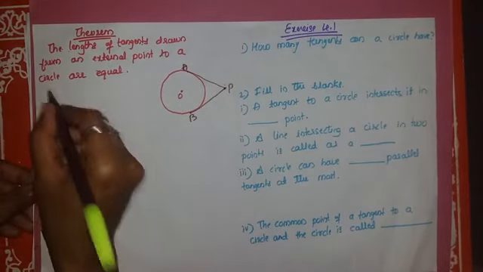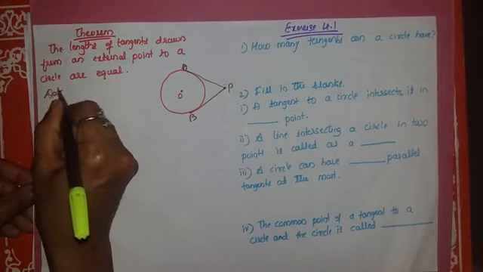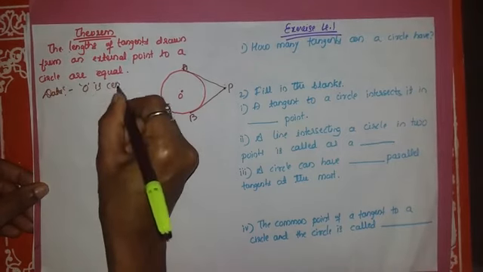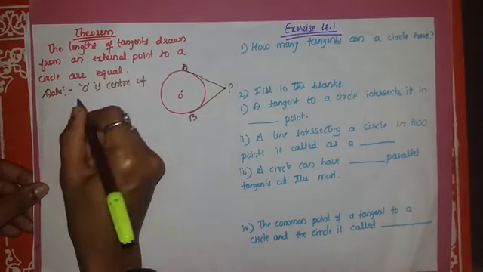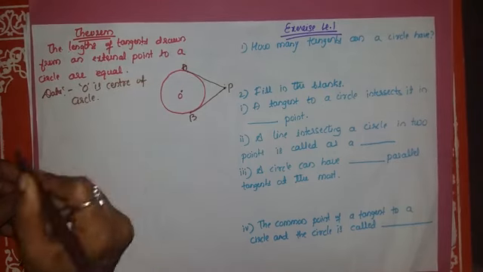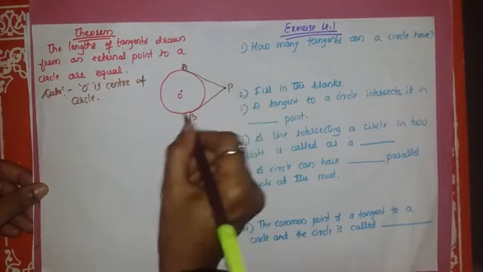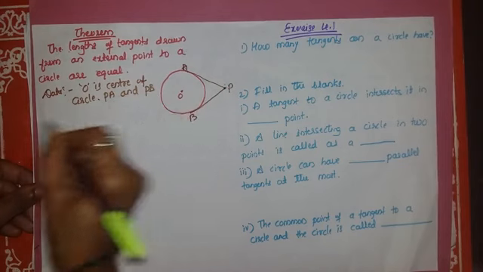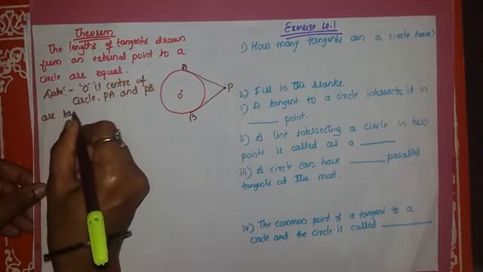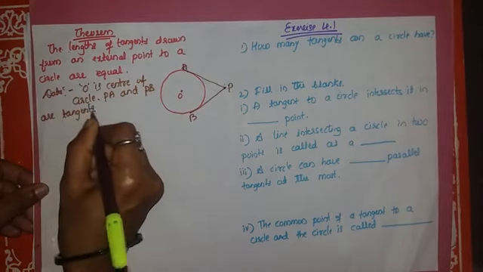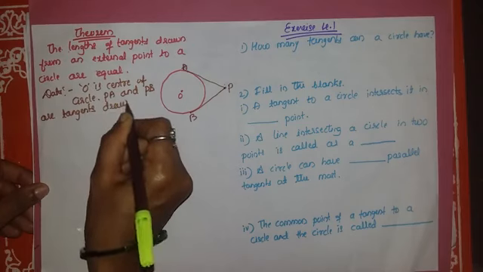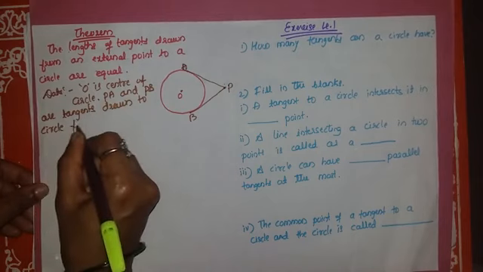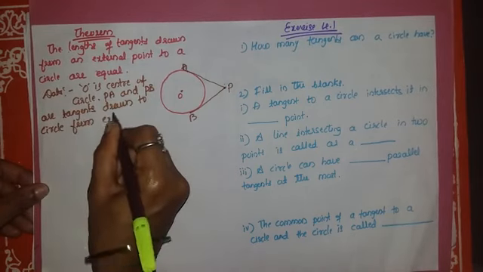Here in the data I write: O is the center of the circle. PA and PB are tangents drawn to the circle from an external point.